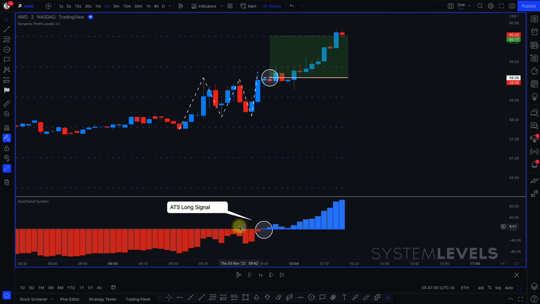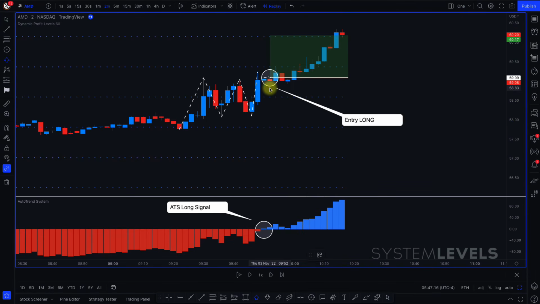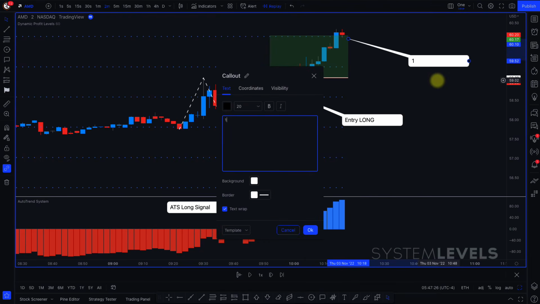So we got that, right? Then we had our entry long right here. Let's put a little arrow to indicate that the stop loss went down here originally, and at this point in time we have reached our first profit target.